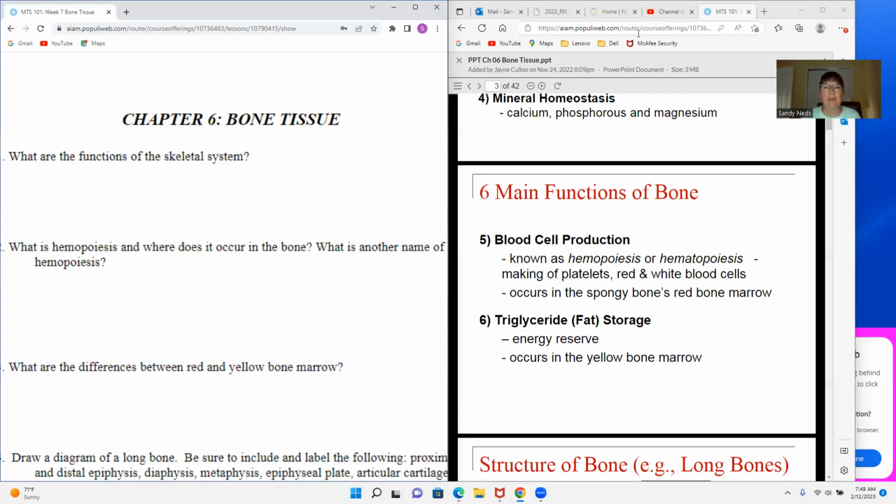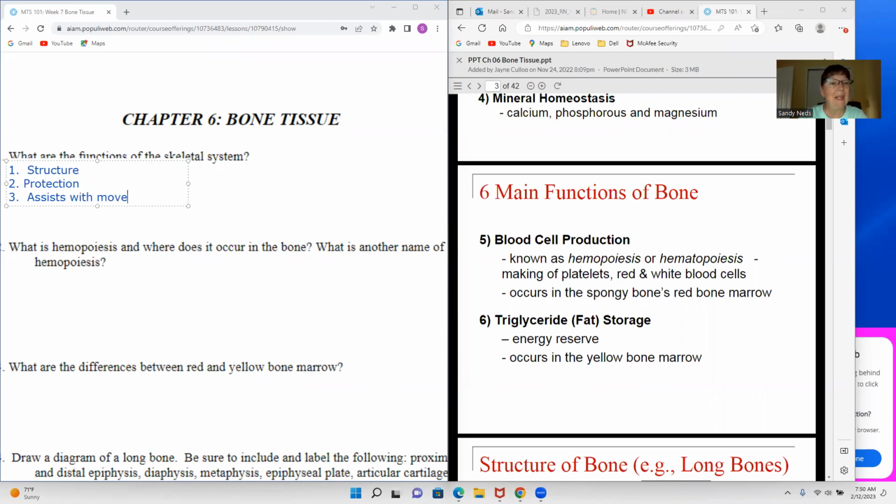So let's catch up with our learning guide. Number 1 is structure. 2 is protection. 3, make sure you understand that it assists with movement.